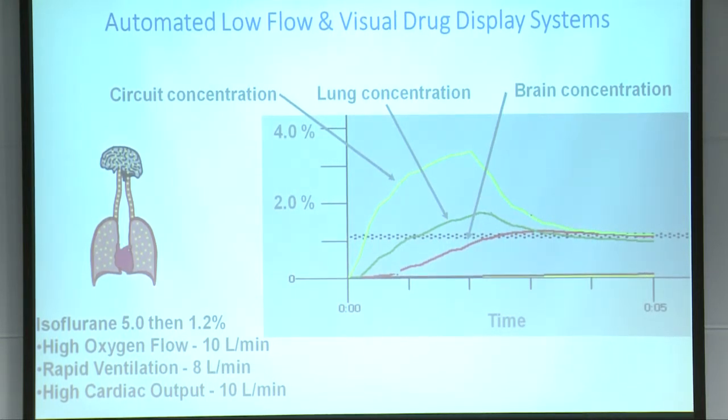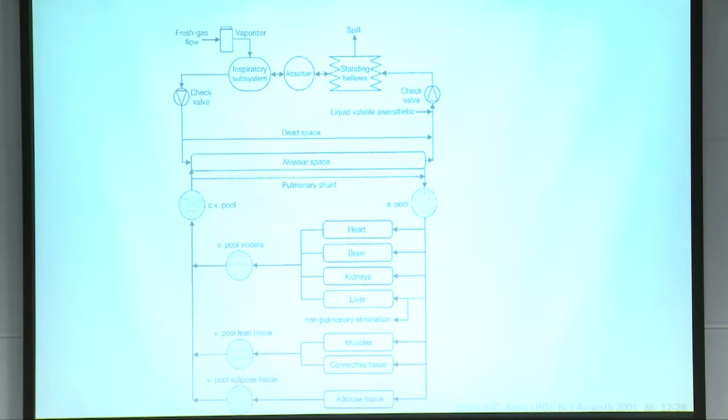So I think as we talk about drug displays and the use of these drugs at work, it will be important in the future to plot the brain concentration. This is our target value. We should see it and it should be displayed. We've enjoyed using Yash LaRue's model of anesthetic uptake as shown here, which will produce a measure of brain concentration.